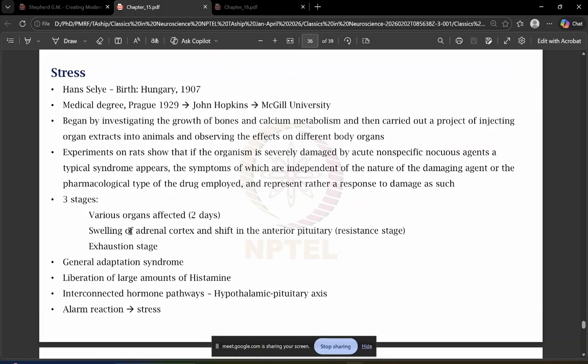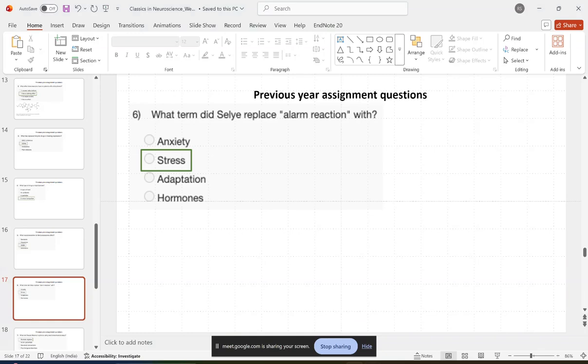So Hans Selye was the one who coined the term stress for this syndrome, which acts as a response to damage of the body in any way. So, what term did he replace alarm reaction with? He replaced the term alarm reaction with the term stress.